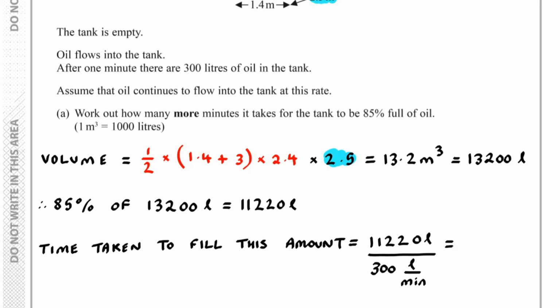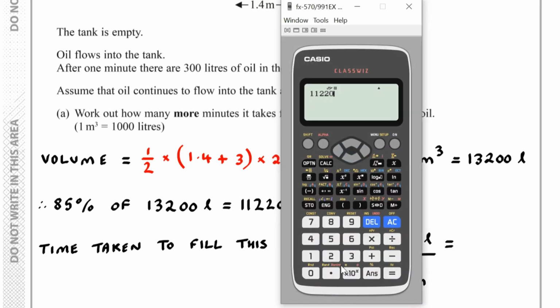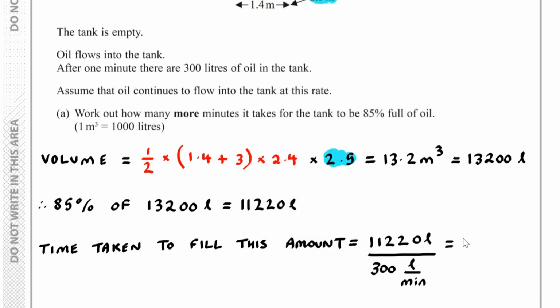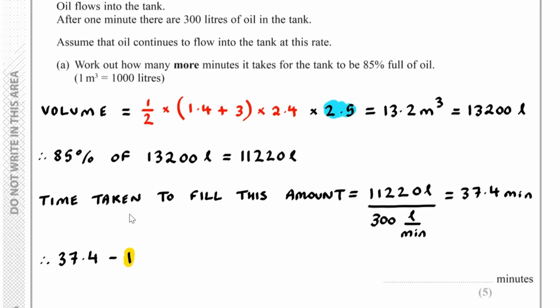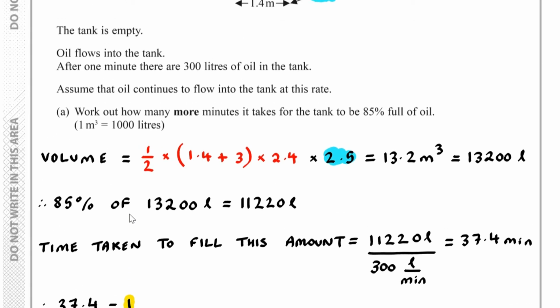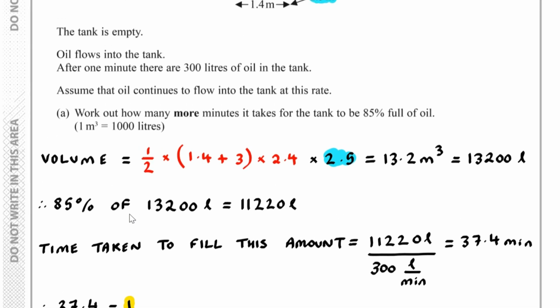If I work this out, we get 37.4 minutes. So now I need to do 37.4 subtract the 1, and the reason I subtract this 1 is because I already know that after 1 minute the tank's already got 300 litres in it.